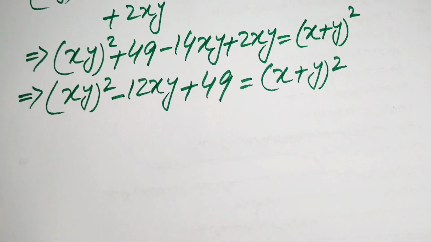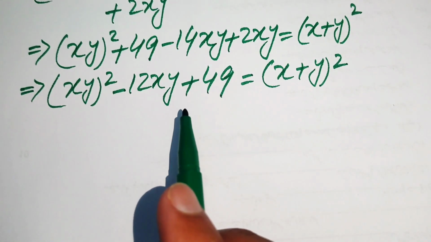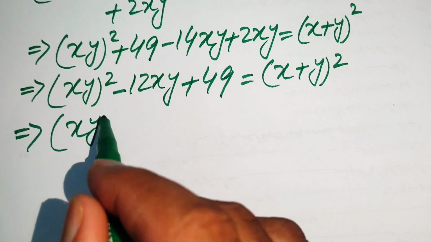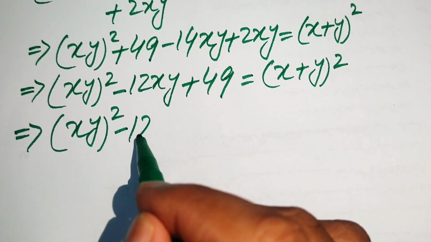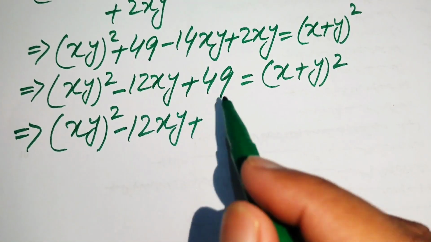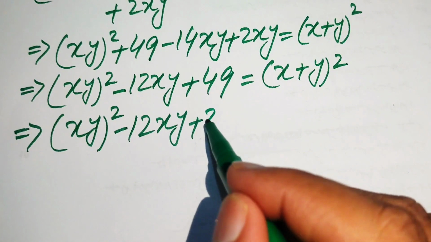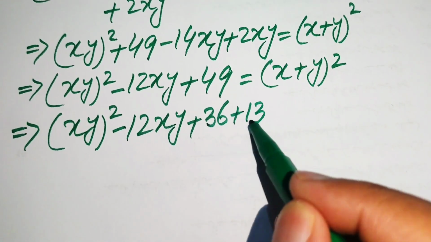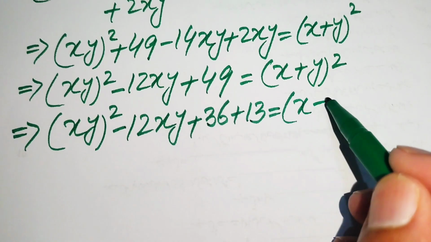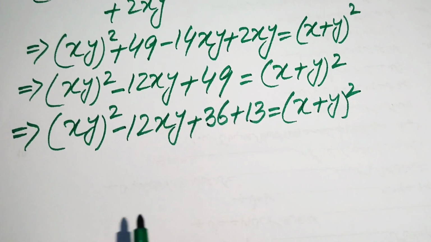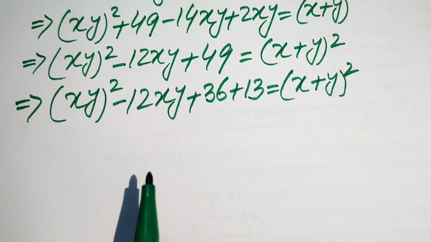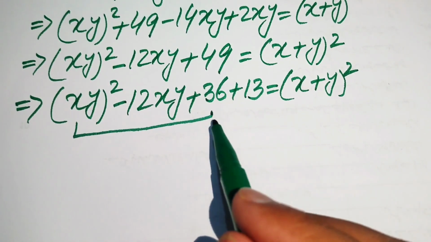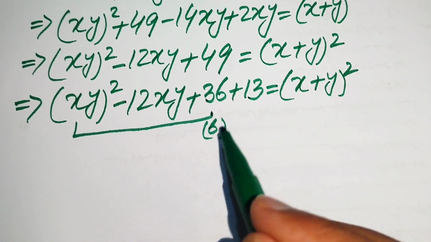Now in the next step, we need some simplification in the left-hand side. So we rewrite this equation as (xy)² - 12xy. Here we break this 49 and write it as 36 + 13 = (x + y)². After that, focus on these three terms, and we know that 36 is written as 6².